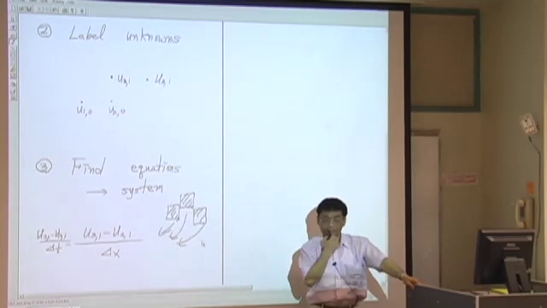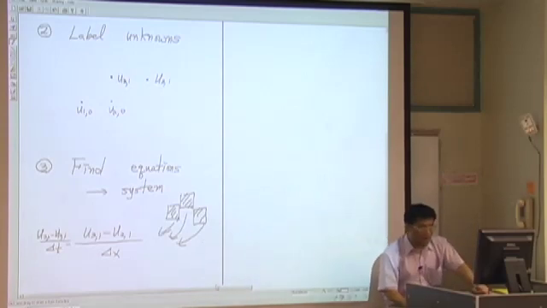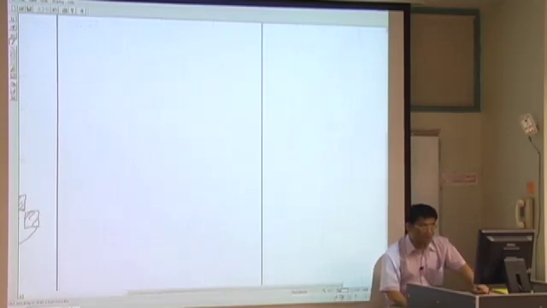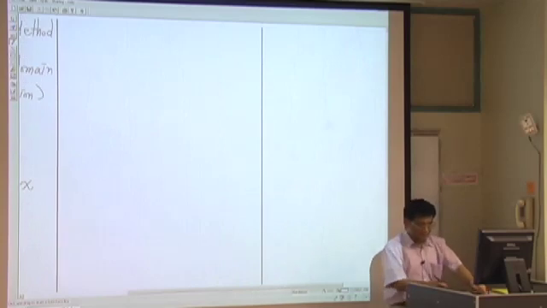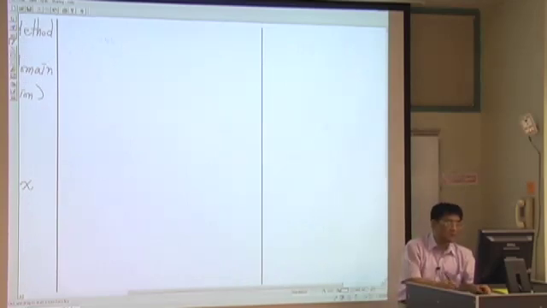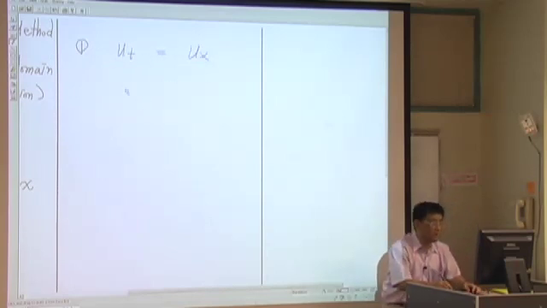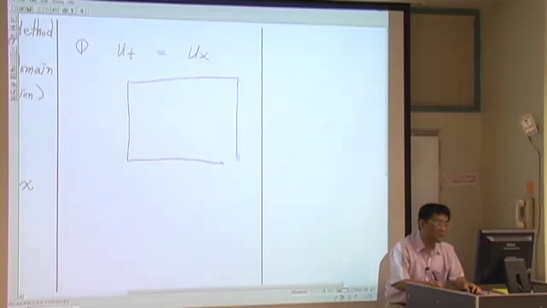Any questions? Then, roughly, how to convert is the question. So there are three things we need to consider. First thing is how to convert. We have a differential equation for every point in the domain, right?